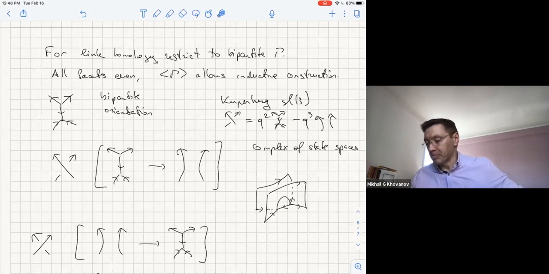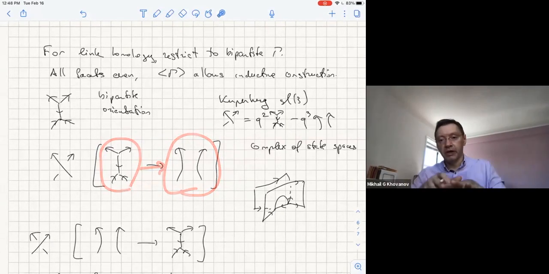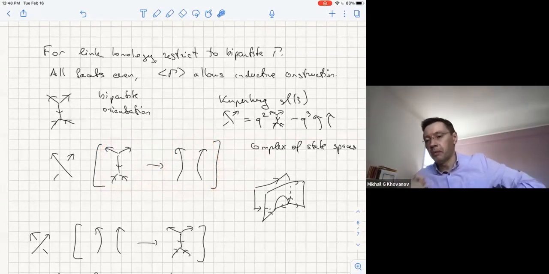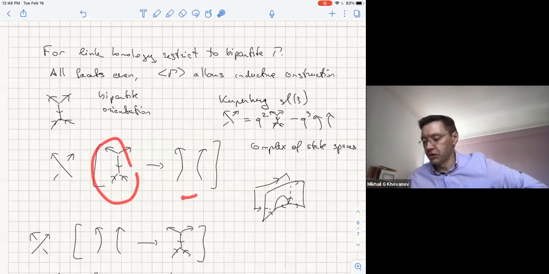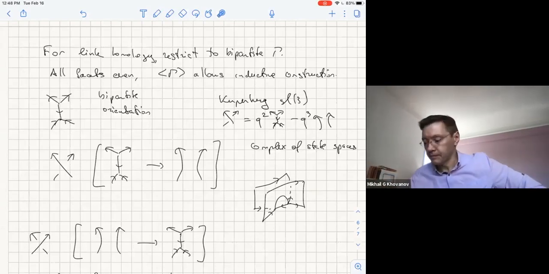To build the homology, you need to take the state space of one graph, the state space of another graph, form the map between them given by the cobordism by a suitable foam, and take the cone of the homologies of these objects and iterate over all crossings.